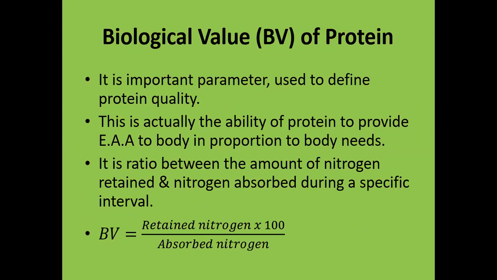For example, biological value of egg protein is 96 because it contains sufficient amounts of all the essential amino acids. Generally, animal proteins have higher biological value than plant proteins.